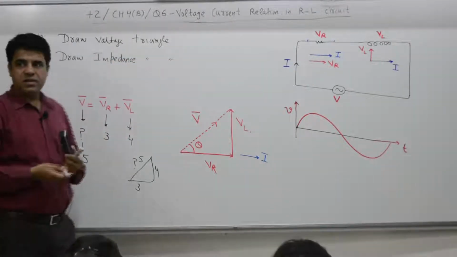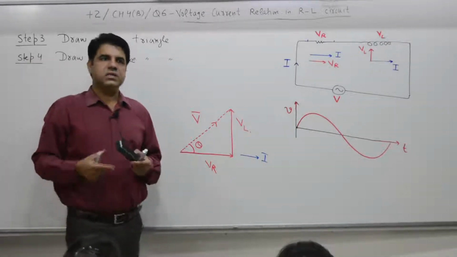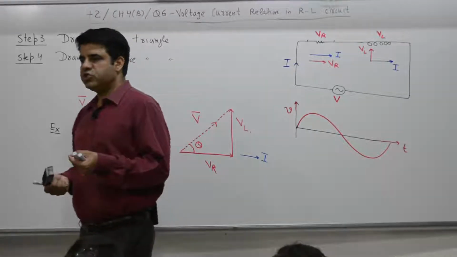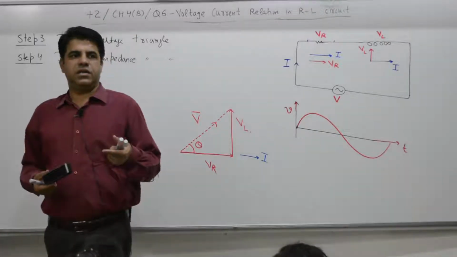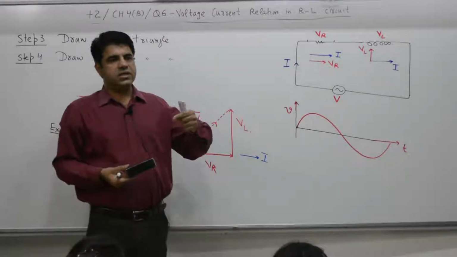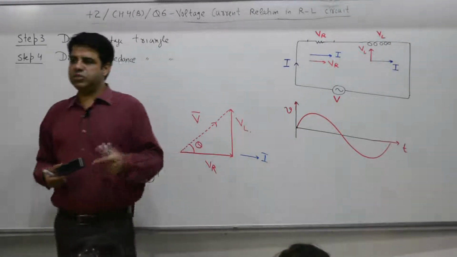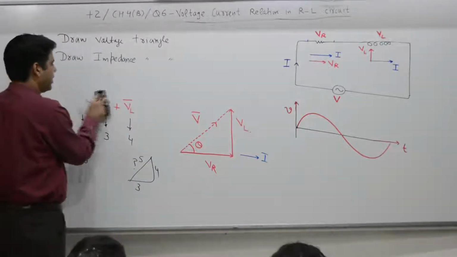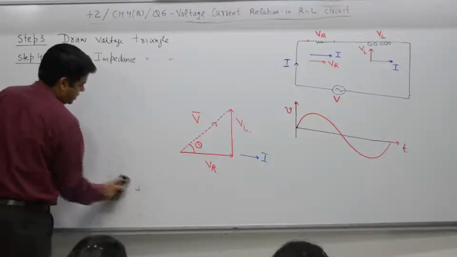Resistance, 10th class Ohm's law, V is equal to IR. Resistance is opposition offered by a wire. Inductive reactance, opposition offered by an inductor. Capacitive reactance, opposition offered by a capacitor. And impedance is a common name given to all these.